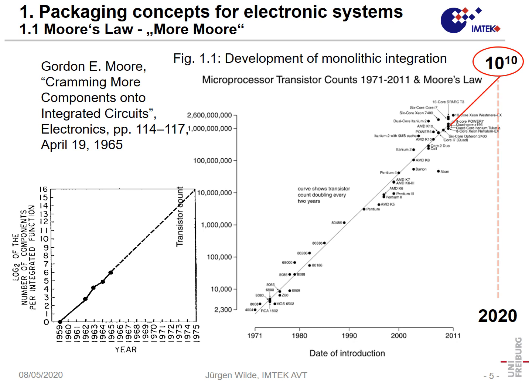In that article he stated that before 1965 the number of circuits or transistors on an integrated circuit had doubled every 1.5 years.